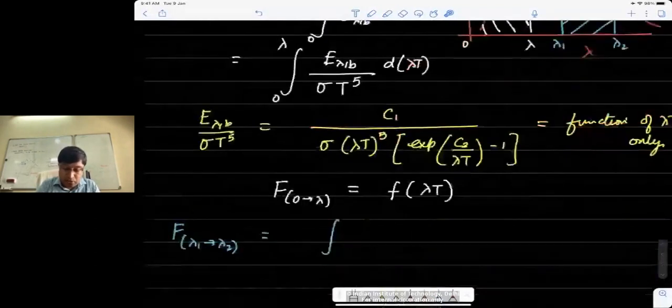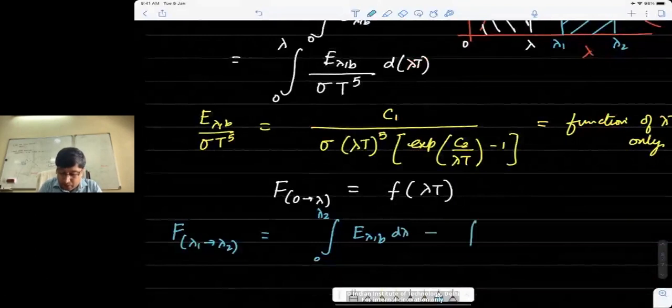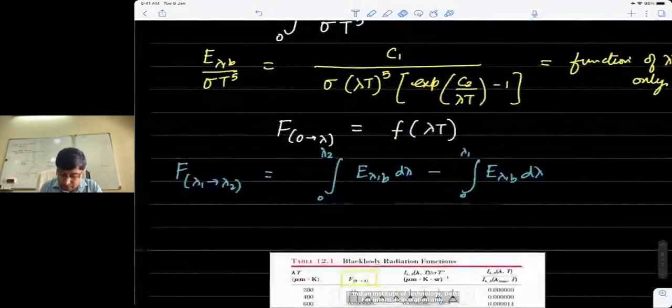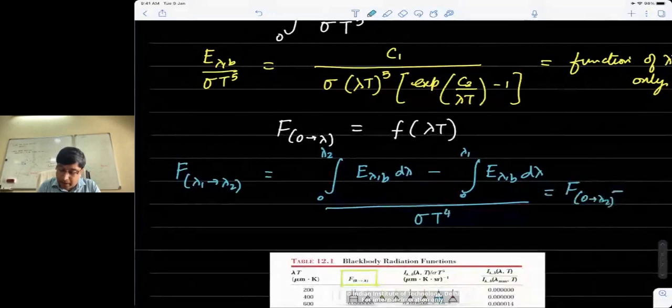So this is the integral from 0 to lambda 2 of E lambda b d lambda, minus the integral from 0 to lambda 1 of E lambda b d lambda, that is the area, divided by E b, which is sigma T to the power 4. And so this is going to be the same as the F value from 0 to lambda 2 minus the F value from 0 to lambda 1.